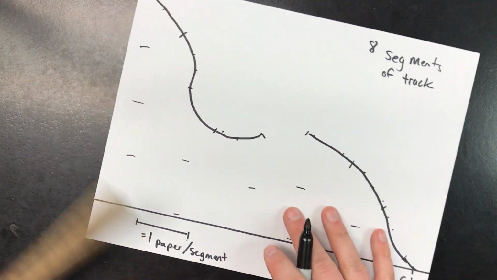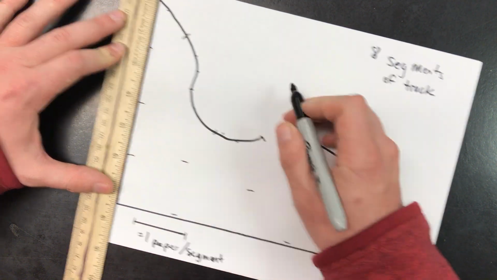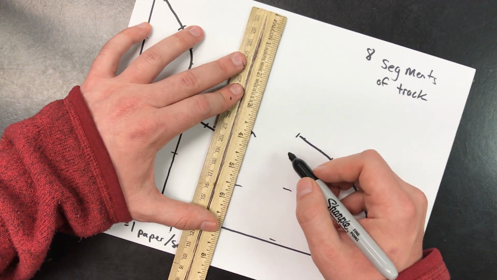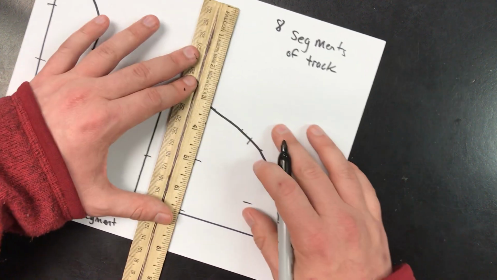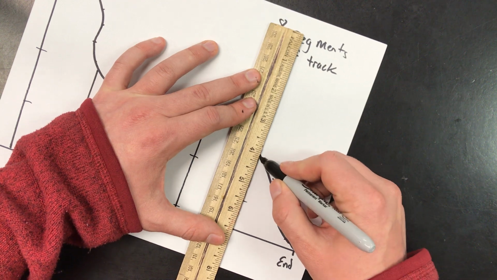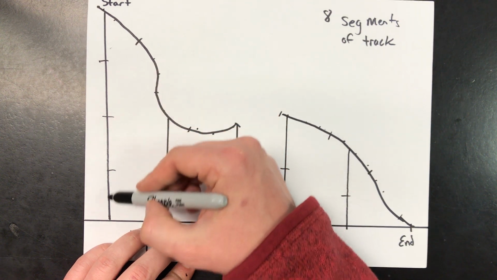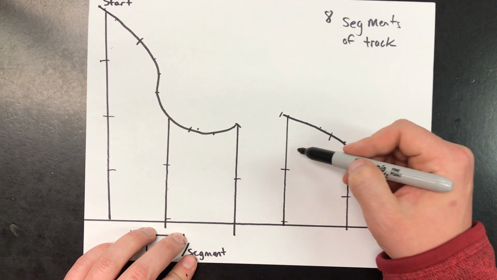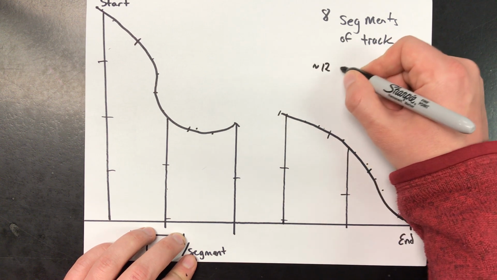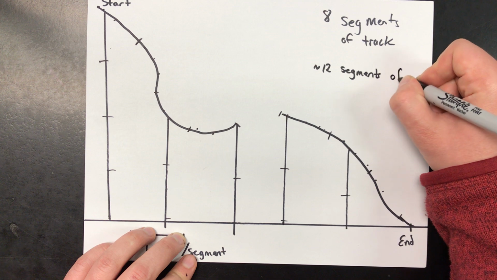Okay. So then from there, just connect those lines. And so I can count up 1, 2, 3, 4, 5, 6, 7, 8, 9, 10, 11, about 12 segments of support.